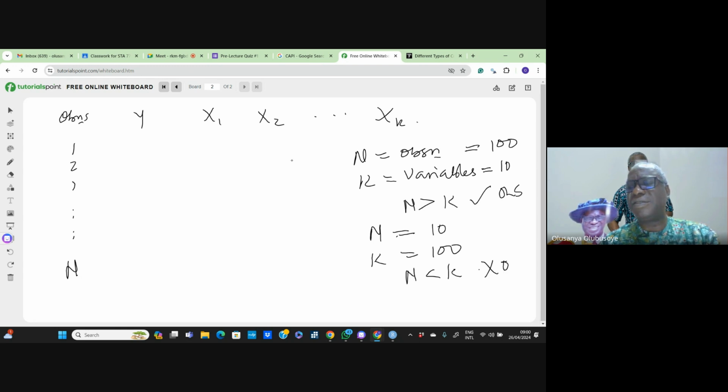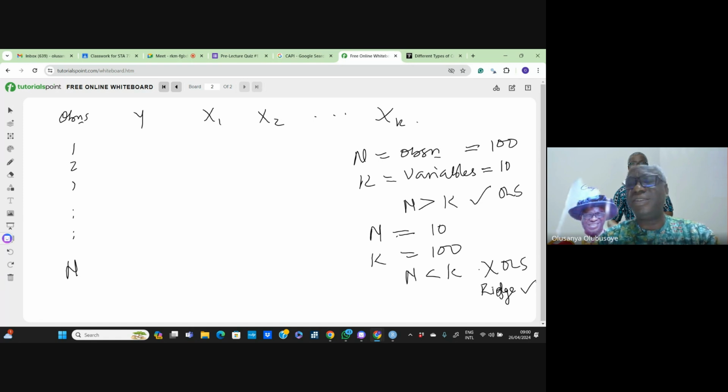OLS is not applicable. You won't be able to find the coefficients. But in this situation, ridge regression can be applied. That's what we are saying.